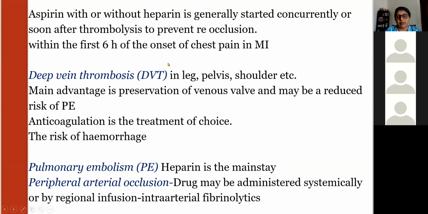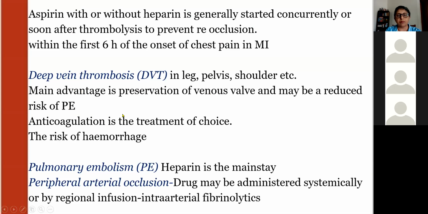So we were seeing the use of fibrinolytics in myocardial infarction. We have seen everything. Then the second use is deep vein thrombosis. Usually it can occur in the leg, pelvis, or shoulder. If you use thrombolytic drugs, it will preserve the venous valve and reduce the risk of pulmonary embolism.